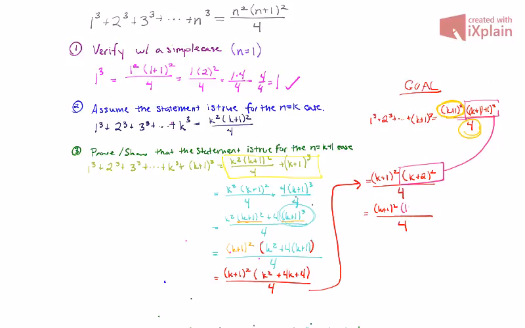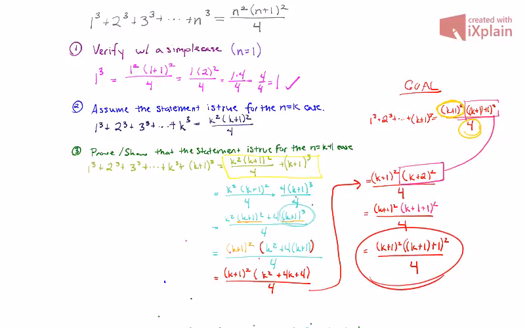Because what I can do is break that k plus 2 into a k plus 1 squared. And the grouping parentheses that you see there are kind of arbitrary, so I don't really need them, but if you want to make it look identical, there you go. You've reached your goal.